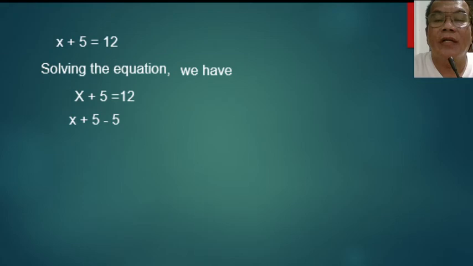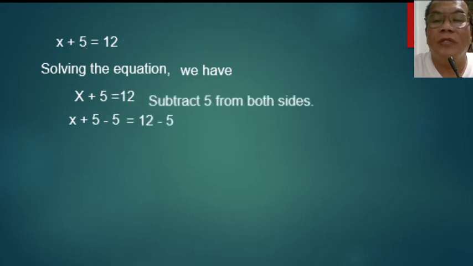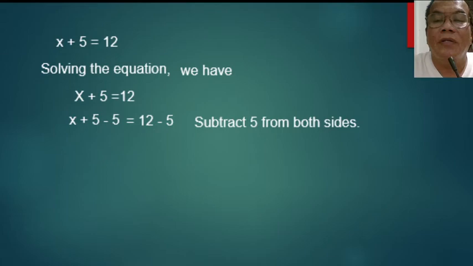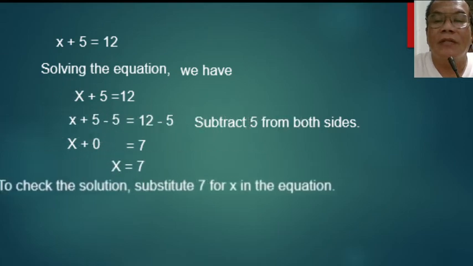You have to subtract 5 on both sides of the equation. So x + 5 - 5 is equal to x + 0, and 12 - 5 is equal to 7. So x is equal to 7.